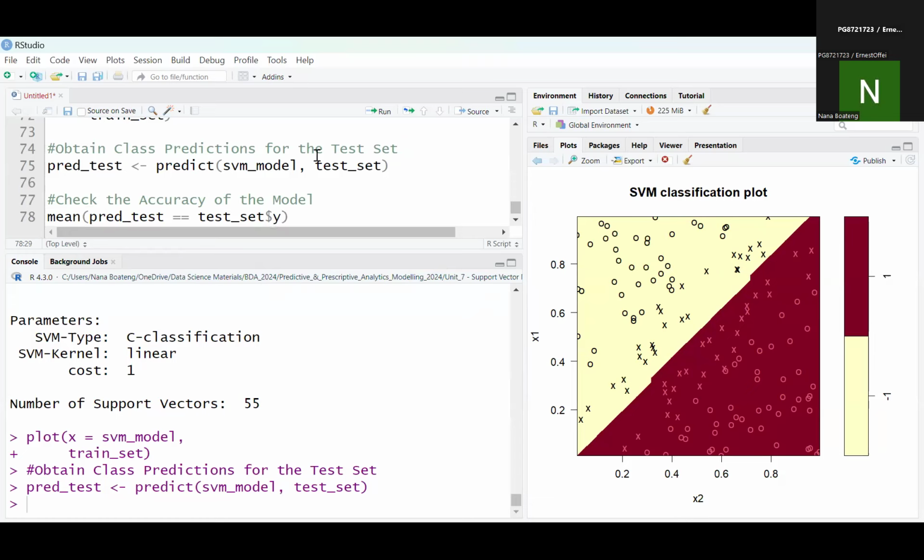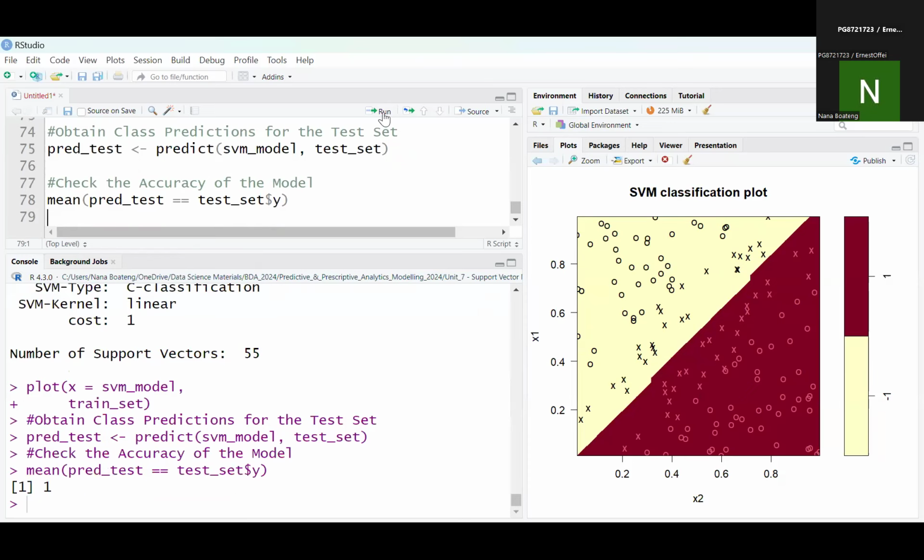Okay, so that gives us a perfect model. Remember that this one was randomly generated. But you want to be as close to one as possible. So this is a perfect model, but we know why it is like that, because of how we generated it.